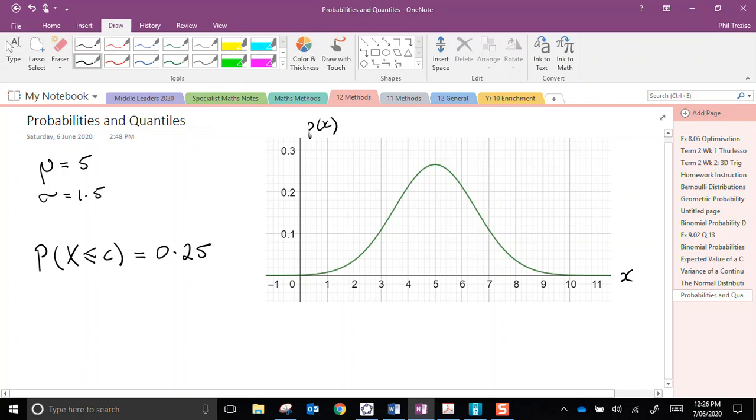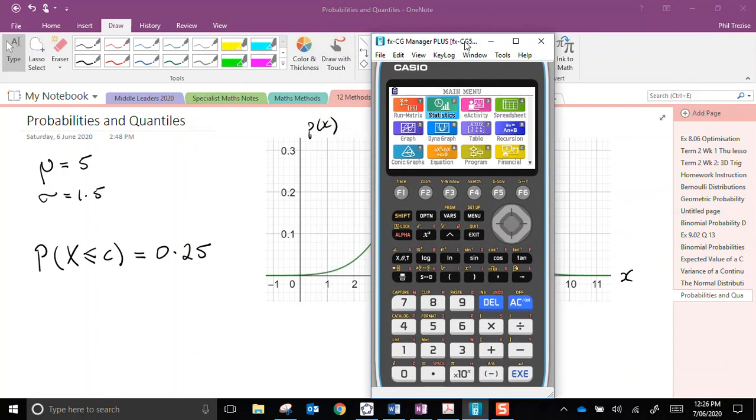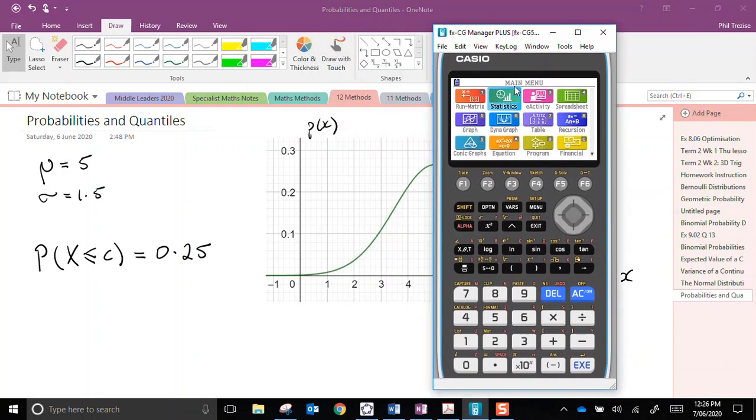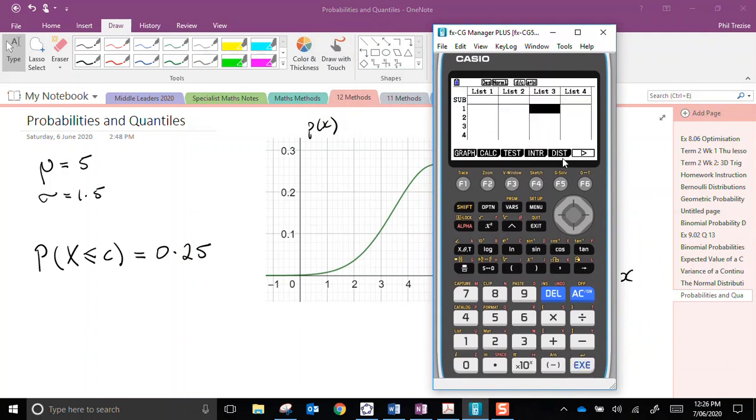So we need to use our calculators or tables if you have access to tables, but calculators are the modern equivalent. So we go to the stats menu, once again F5 distributions, then F1 for the normal distribution. This time we're using the inverse normal because we've been given the area and we're calculating the value of the variable.